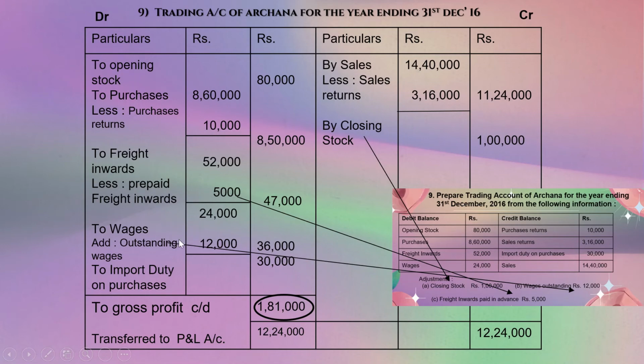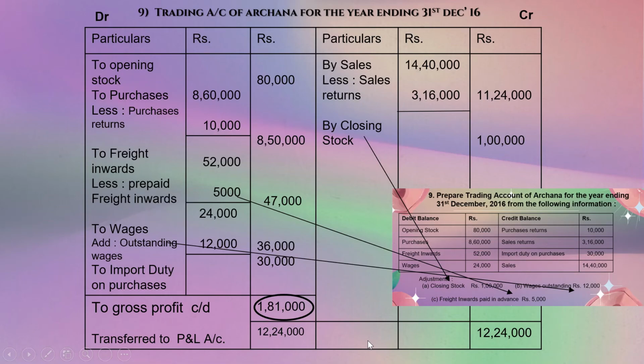And then wages received is 24,000 here. And then outstanding, you have to see the adjustments, 12,000 belongs to this year, so you have to add and put. And import duty on purchases and closing stock you have to show this side, and you have to do like this, and you have to find the gross profit.